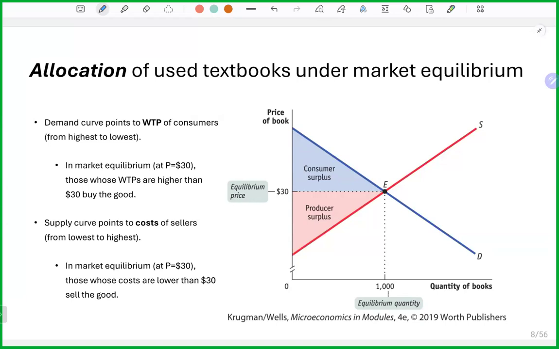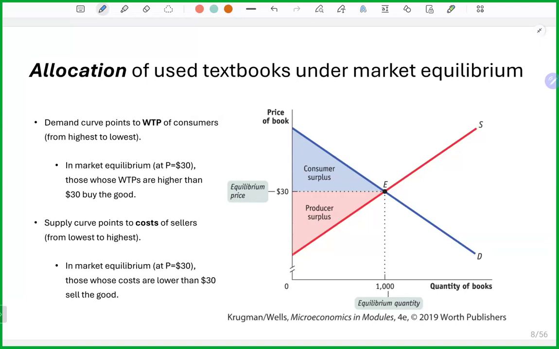Used textbooks are allocated to the consumers whose willingness to pay is high. They are reallocated from sellers whose costs are lower to buyers whose valuation is high.